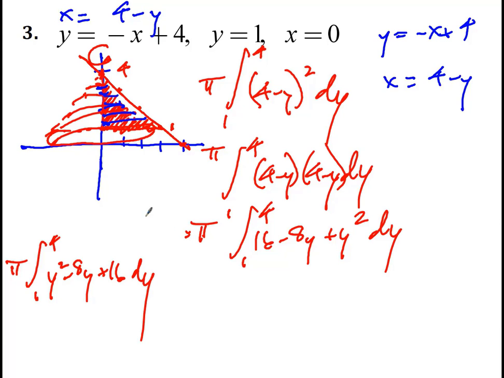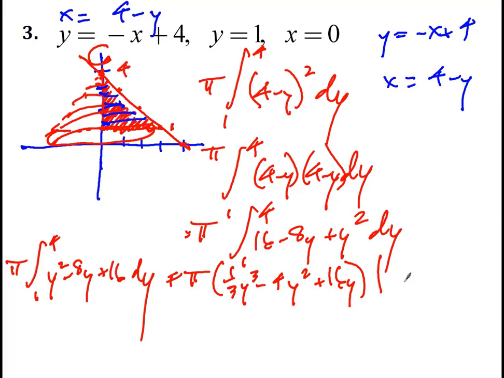And so now we're going to take the antiderivative. Oops. Sorry about that. So it's going to be pi, and it's going to be 1/3 y cubed minus y squared. 8 over 2 is going to give us 4, plus 16y. And we're going from 1 to 4.